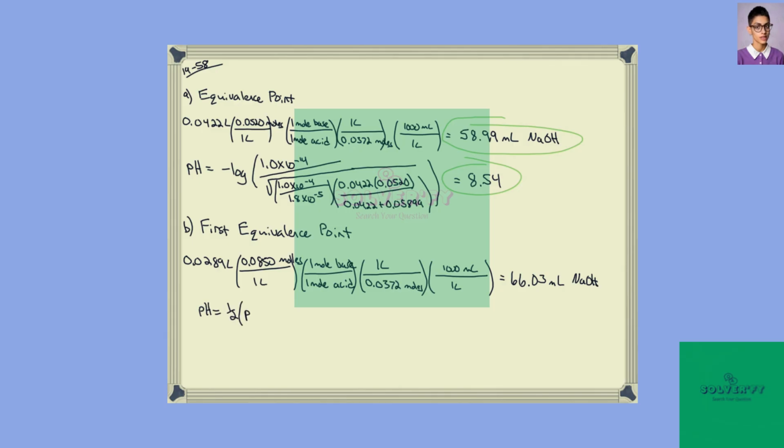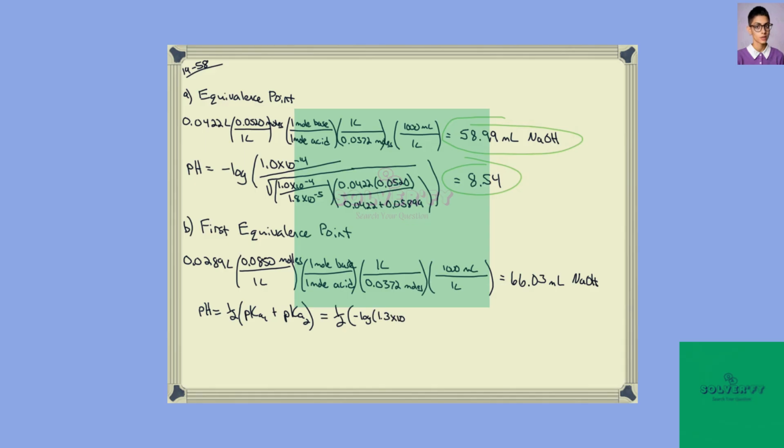this is the volume that corresponds to just the first equivalence point. To calculate the pH at that first equivalence point, we actually have an amphoteric species, the HSO3-, that can behave as an acid and a base. So the pH is going to be equal to 1/2 of pKa1 plus pKa2.